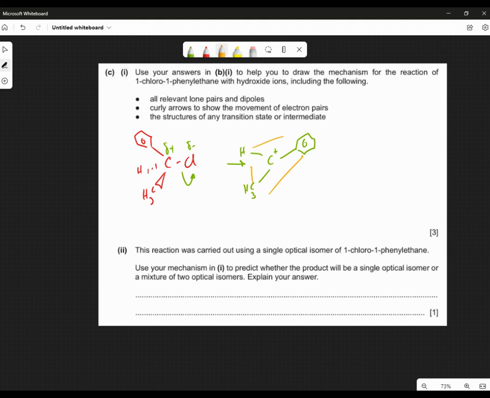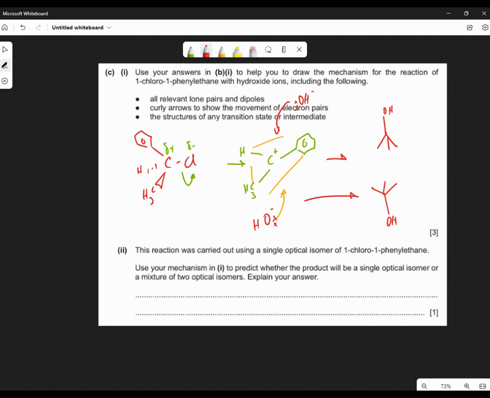Now it depends, the OH could attack from the bottom, or it could attack from the top. Don't forget you've got to do your lone pairs on the OH. If it attacks from the top, we get this kind of thing with the OH on top, and if it attacks from the bottom, we get this kind of thing with the OH on the bottom.